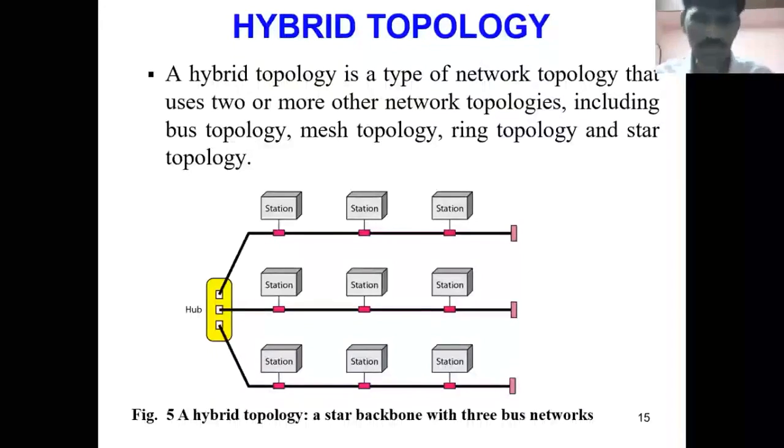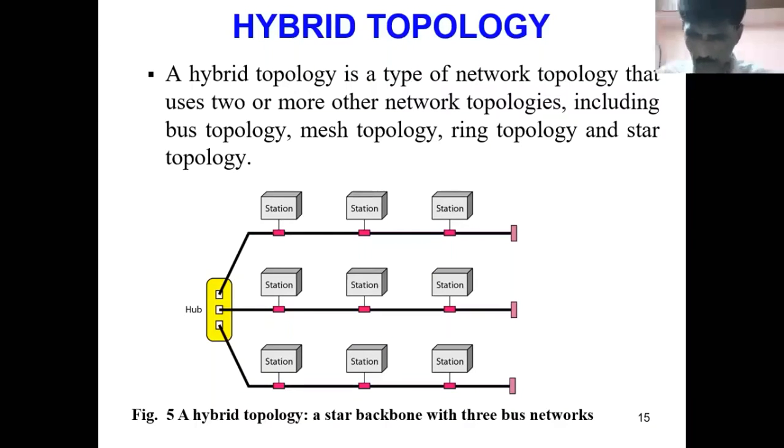The term hybrid itself is self-explanatory. The hybrid topology is a type of network topology that uses 2 or more other network topologies, including bus topology, mesh topology, ring topology, or star topology.